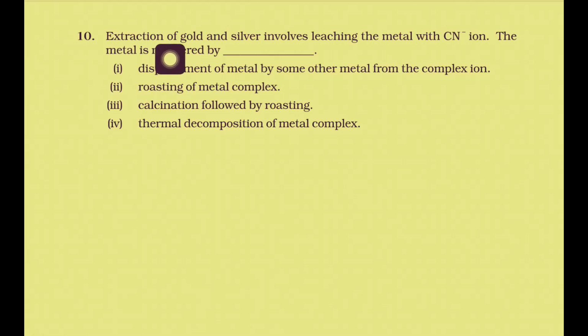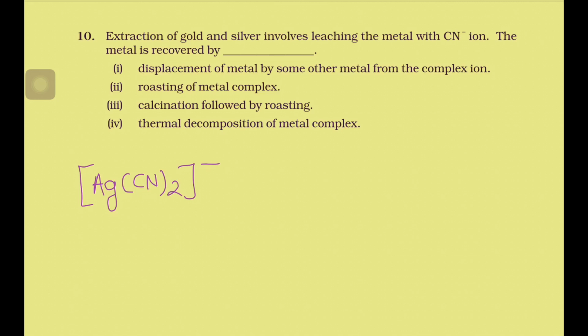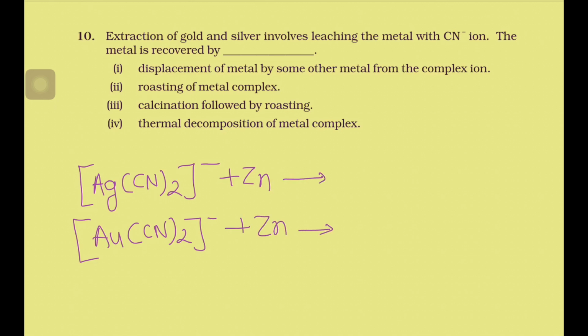Let's see the next. Extraction of gold and silver involves leaching the metal with cyanide ion. The metal is recovered by what? You know very well that gold and silver first form a complex with the cyanide ion, like [Ag(CN)2]- or [Au(CN)2]-, and then we get silver or gold by displacing it with zinc.